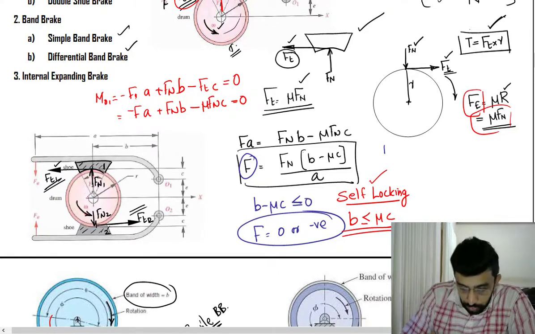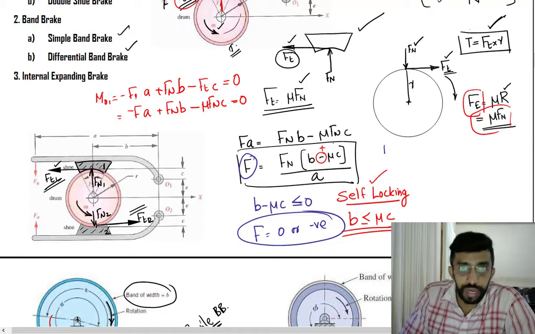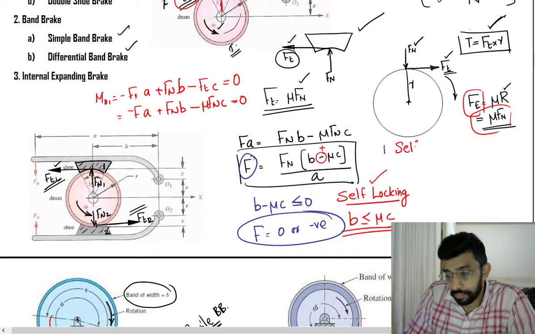Suppose the system was in a clockwise rotation, this sign would have become plus, so B plus mu C. Never ever is this equation going to become negative. Such kinds of brakes are called self-energizing brakes.